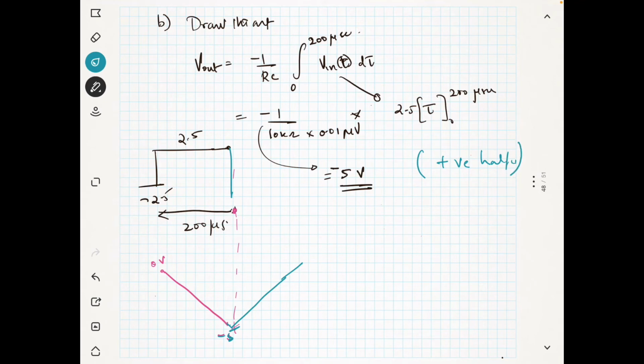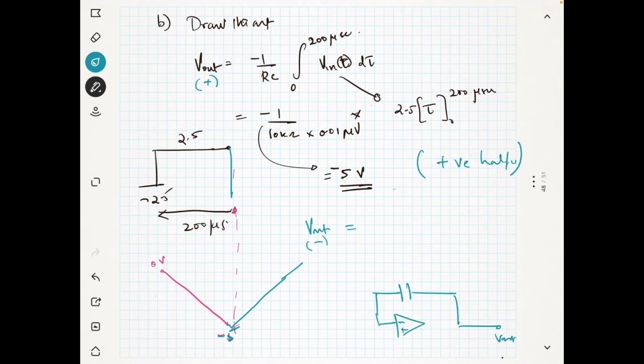Now V out for the negative half cycle will be 5 volt, but it will not go to 5 volt. Why? Because this is just showing the charging of the capacitor. Now the capacitor is charged to minus 5, which means your V out is minus 5, like this.